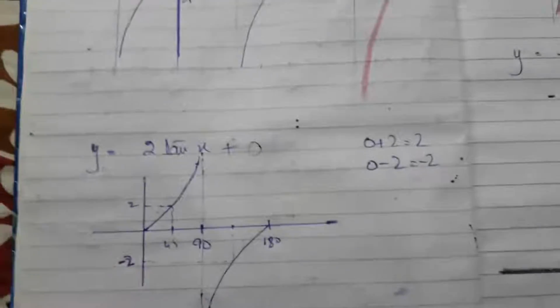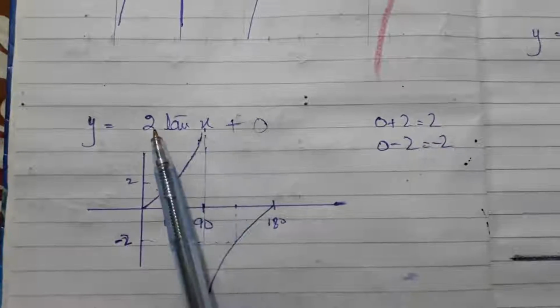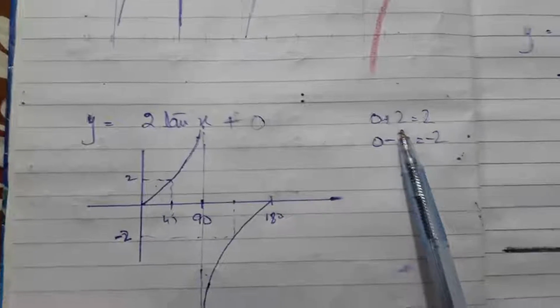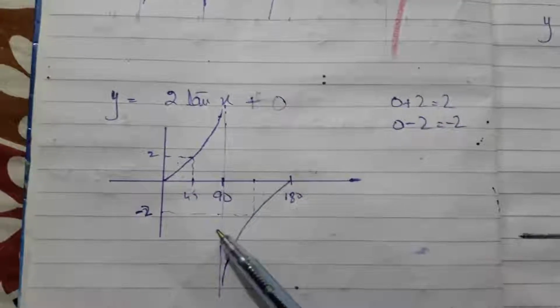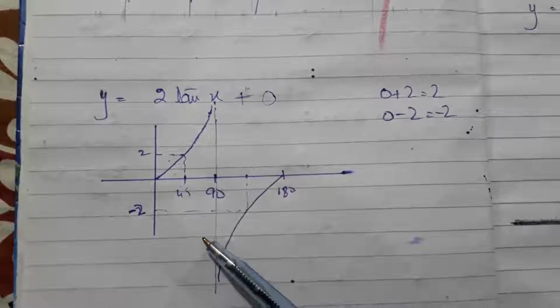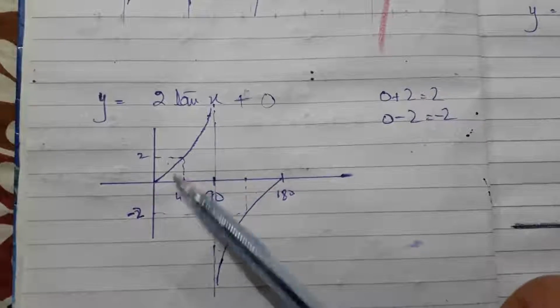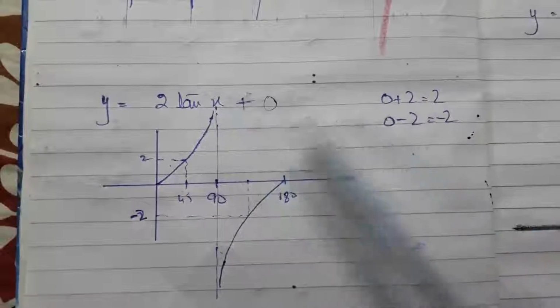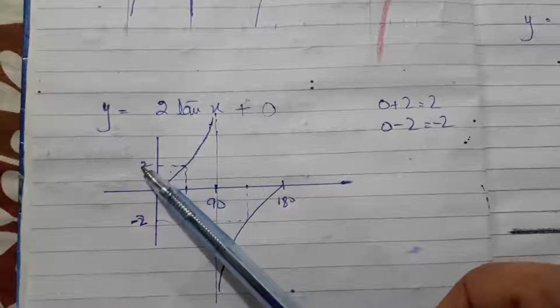Nothing else. Now let's see this graph. When I'm doing 0 plus 2 or 0 minus 2, it is not that I'm trying to figure out the maximum or minimum, because in the tan graph there is no maximum or minimum. I have shown the sketch between 0 and 180 degrees. 0 plus 2 means in between, if you substitute at 45, your answer will come 2.